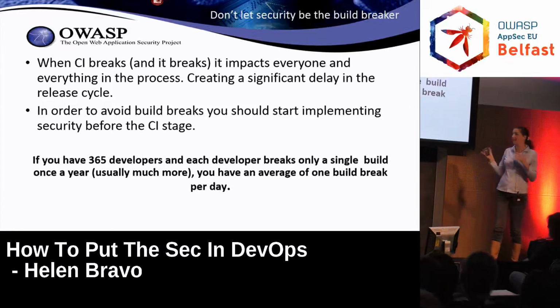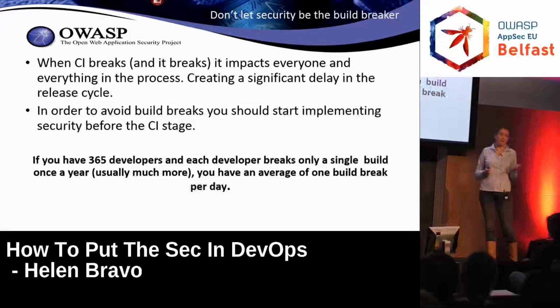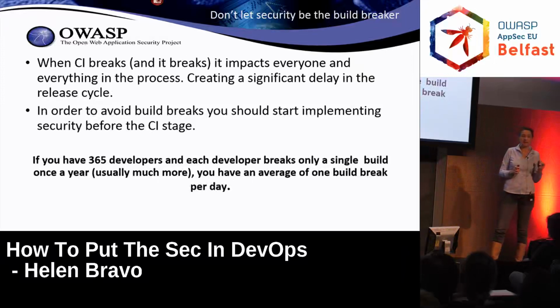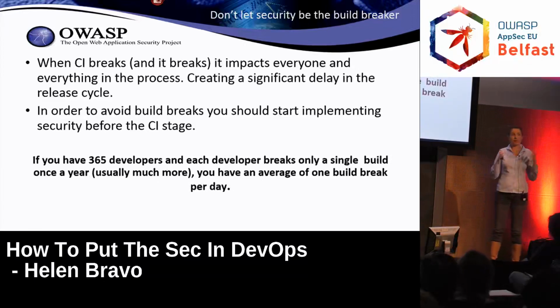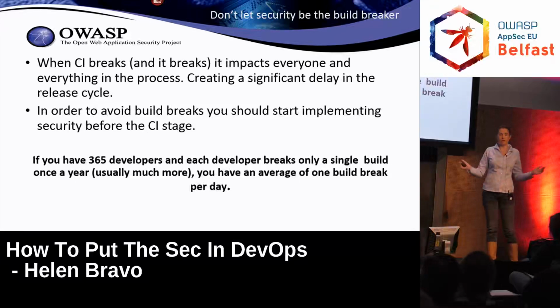CI basically delays the whole process significantly, much more than CD does, because in our own company, in the group I work with, we have 40 developers. When the build breaks, all 40 developers are unemployed. They're sitting and waiting till the build is fixed.